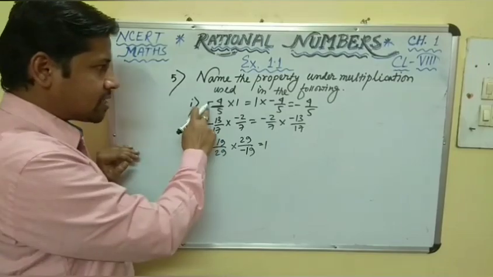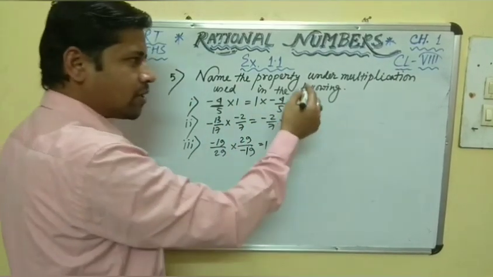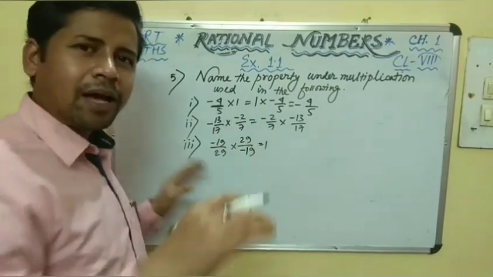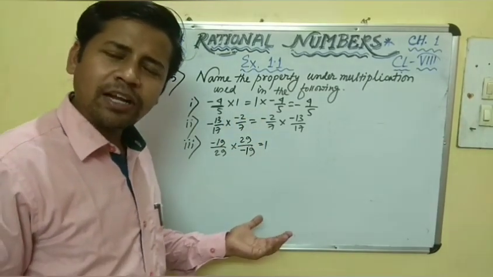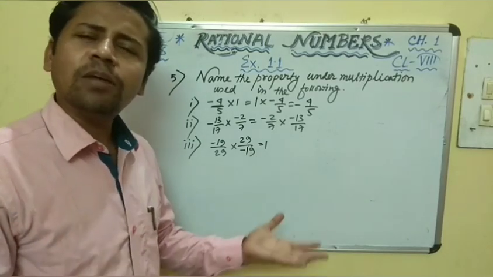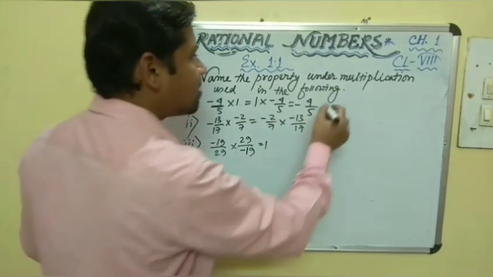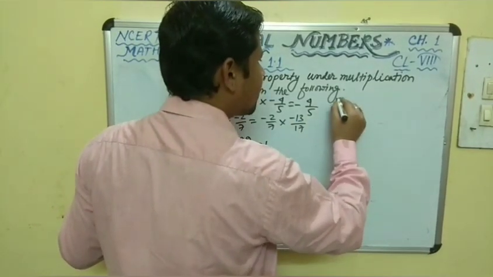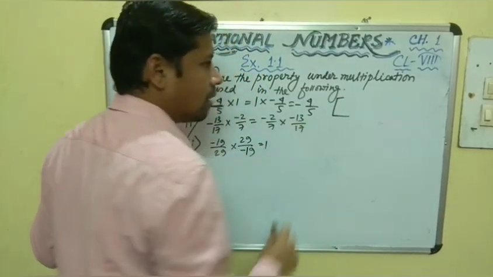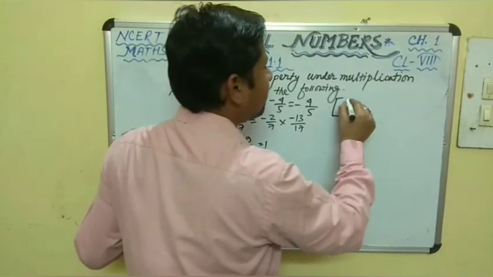Listen carefully: this into 1 equals 1 into this equals this. We know that if any rational number is multiplied by 1, then the rational number becomes unchanged, the rational number itself. So what is the property used here? Here actually it is the multiplicative identity.